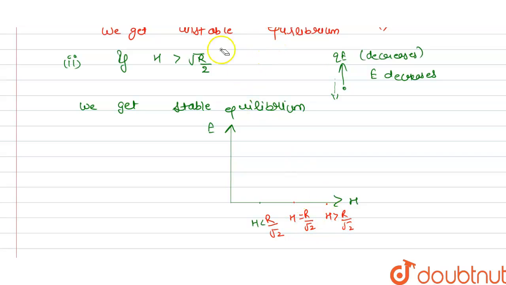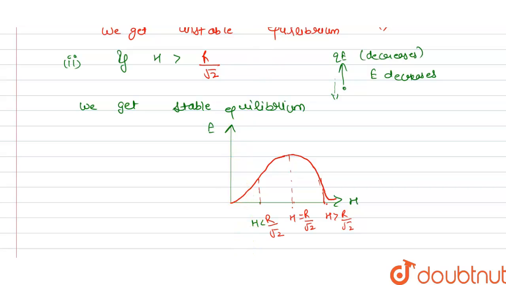Then at this point we have the maximum, then it moves slightly like this. So this is the graph for it.